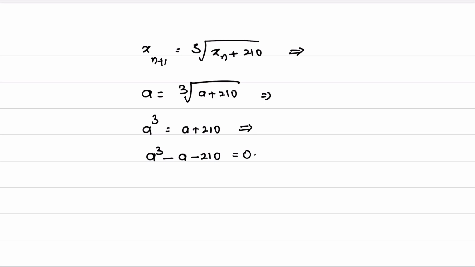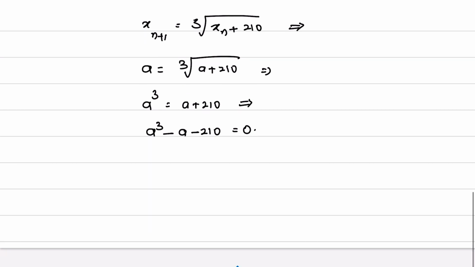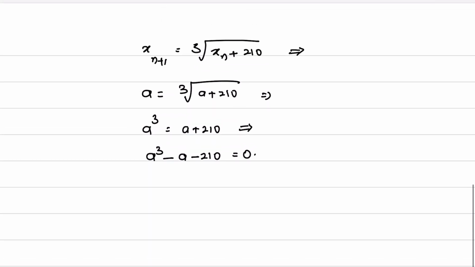For what positive value of a will this equation have a solution? If a is equal to 6, that means a cube is equal to 216.